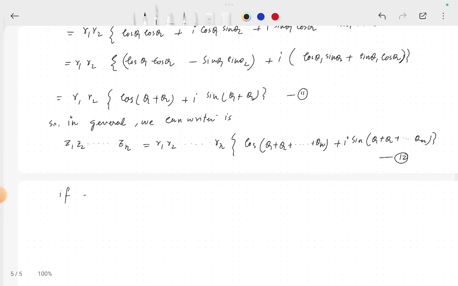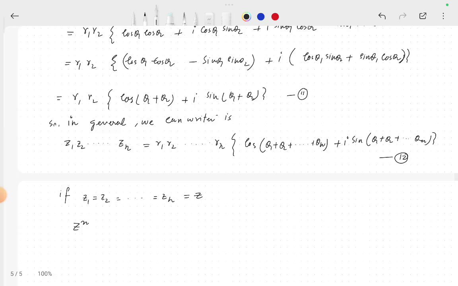So if z1, z2, up to zn are all equal to z, then what happens? Then it is nothing but z to the power n. If there are two values, it is z squared; if three values, z cubed.